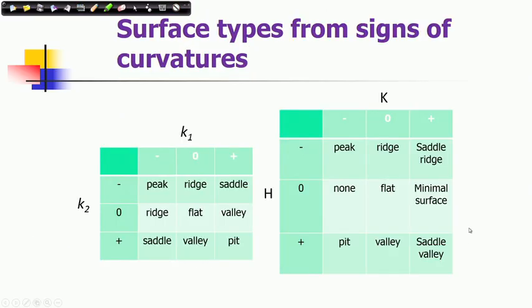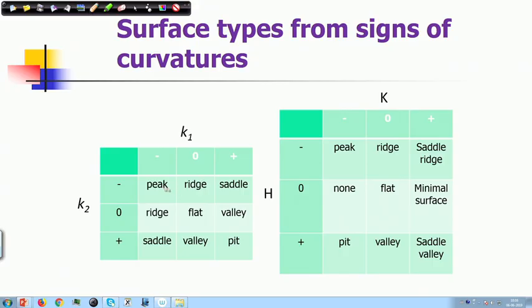So, just to summarize, we can characterize this local topology by the signs of curvatures. It could be signs of principal curvatures, or it could be signs of Gaussian and mean curvatures. For the principal curvatures, as I mentioned, when both are negative, we have peak, when both are positive, we have pit, and then there are combinations of negative positive, positive negative.